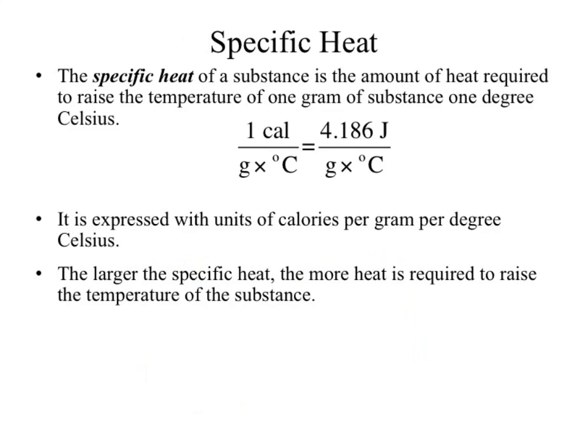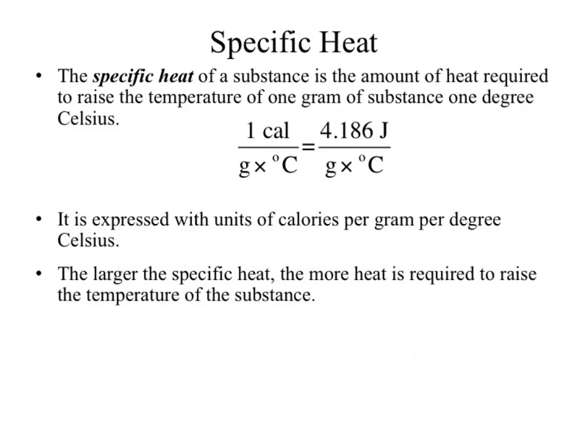I mentioned that we had calories and joules as our potential units for energy. What is the conversion factor between calories and joules? One calorie happens to be 4.186 joules. How did we just solve that?